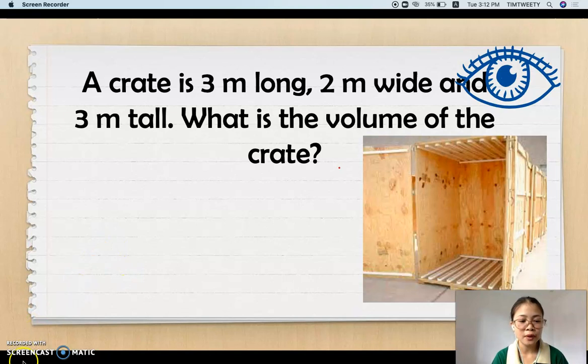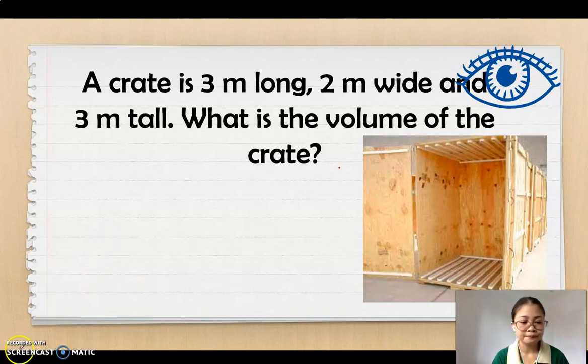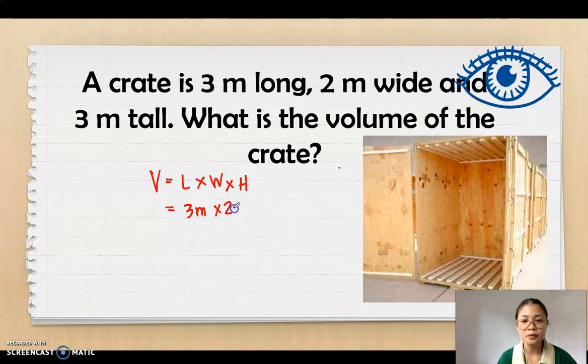So for the prism, the formula that we are going to use is volume equals the length times the width times the height. For the length, we have 3 meters multiplied by 2 meters and multiplied by 3 meters. So you multiply 3 times 2 is 6, times 3, that is 18 cubic meters. So following the ESA form, you give the equation, then solution, and then state the final answer.